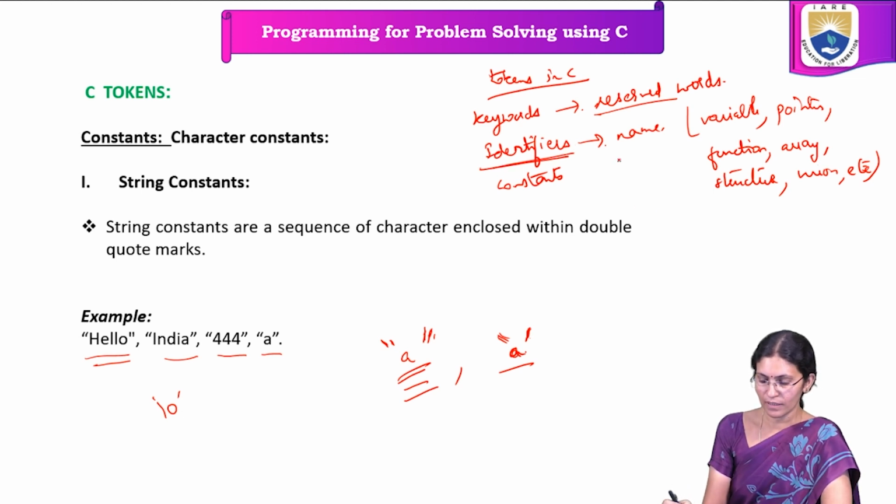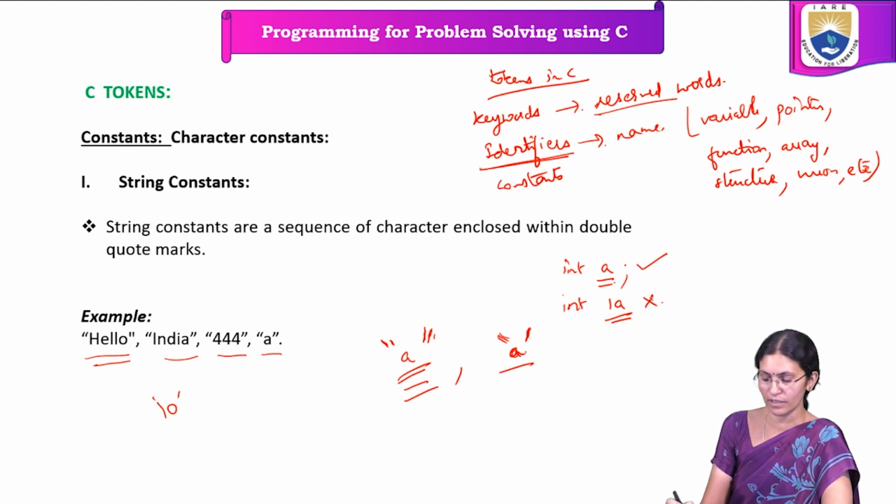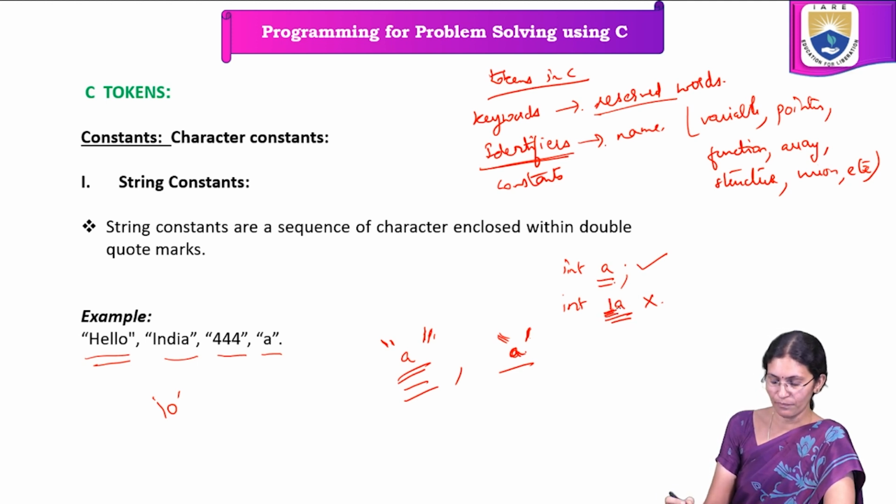Some valid examples of identifiers are int a. Here a is an identifier. Suppose we write int 1a. This is not a valid identifier because we have used a digit at the beginning. According to the rules, we should not use any digit at the beginning.